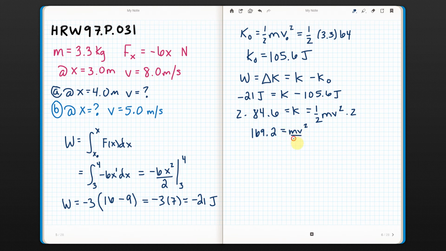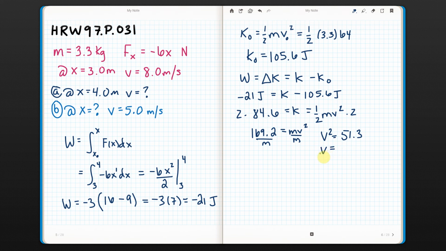Divide both sides by m. M was 3.3, so divide by 3.3, and I end up with v squared equals 51.3. Sound like I'm asking a question. Yeah, 51.3. Okay. And then the square root of that is my answer.